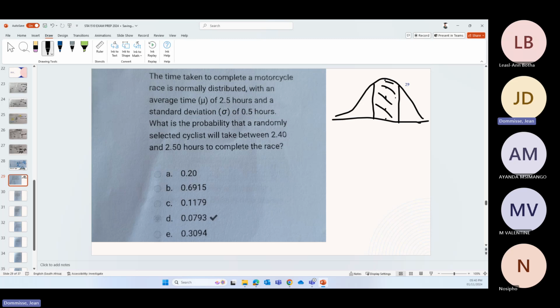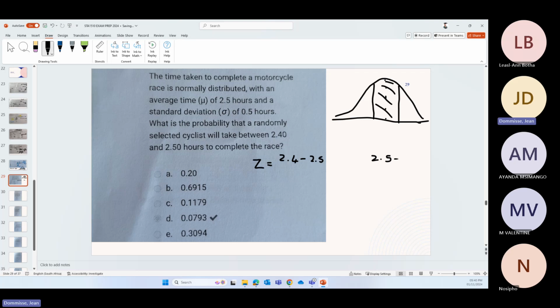So if I look at that, then it will probably not be a big number, but let's work it out. Between 2.4 and 2.5, we will need to make two calculations. So Z with 2.4 and then Z with 2.5. So 2.4 minus the mean, which is 2.5.